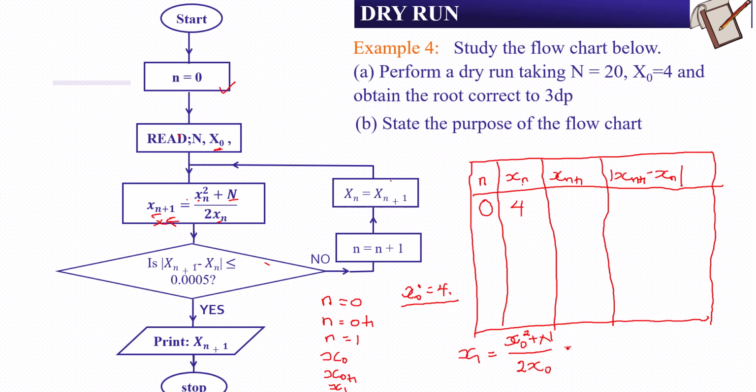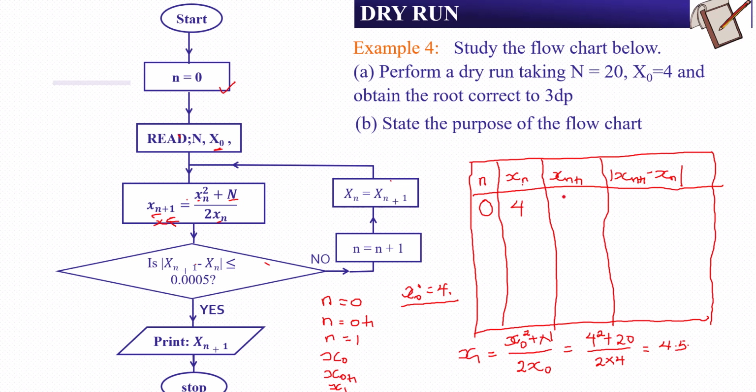So here we are substituting in our x naught values. And our x naught is 4, so we shall have 4 squared plus n, which is 20, and we divide it by 2 times 4. This will give us 4.5.